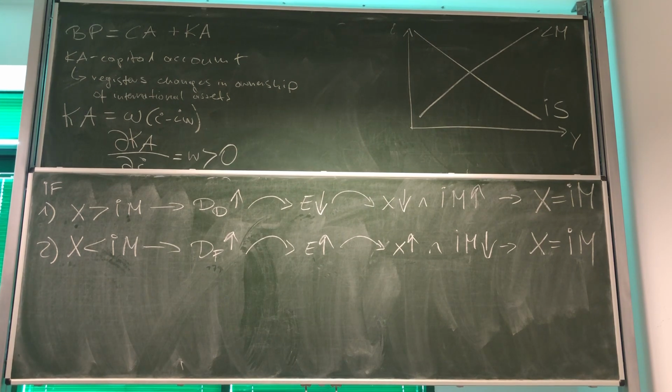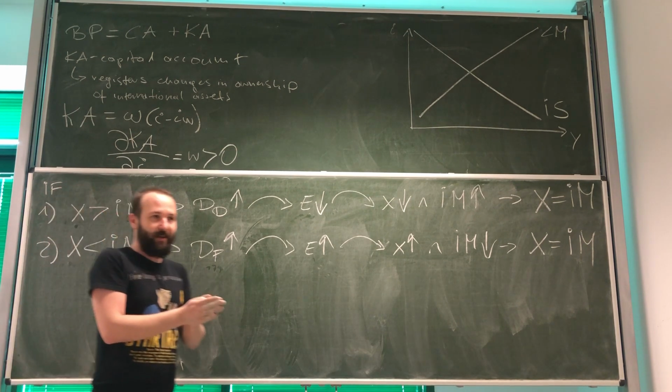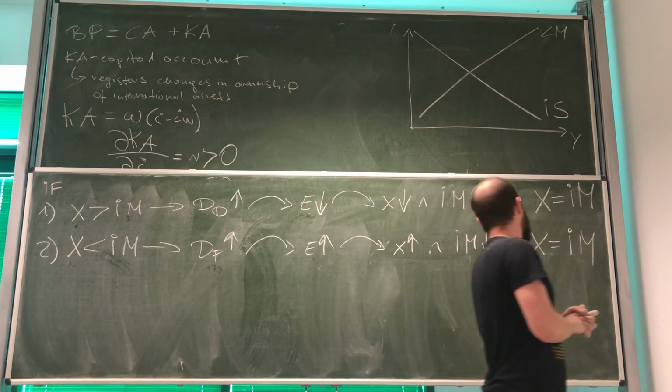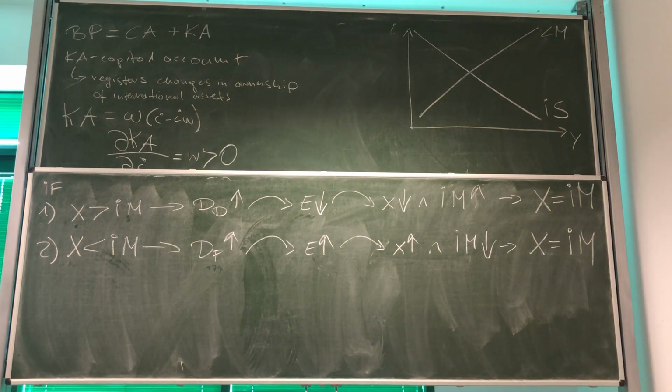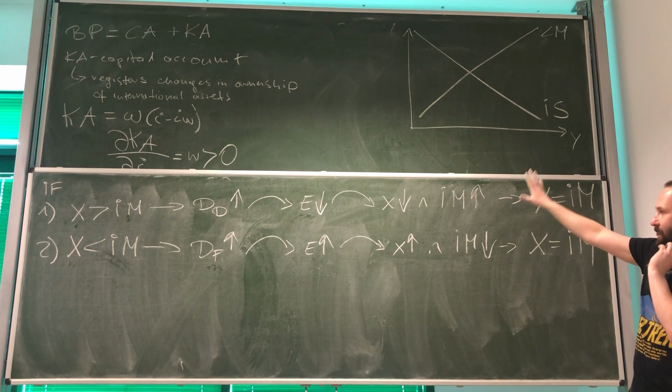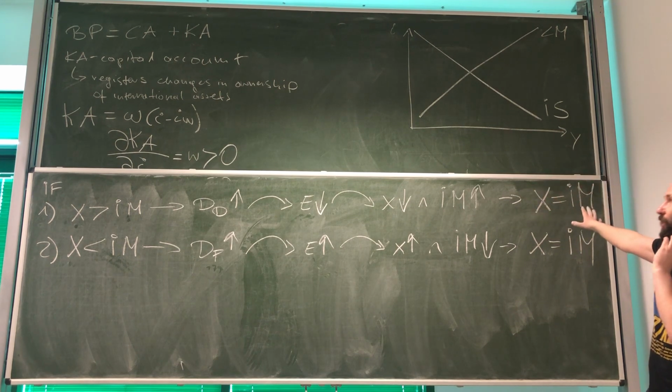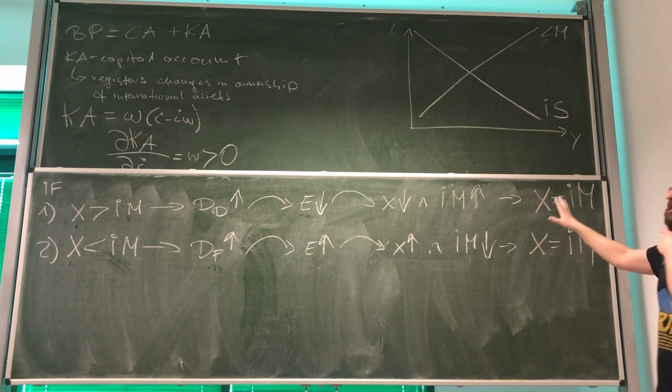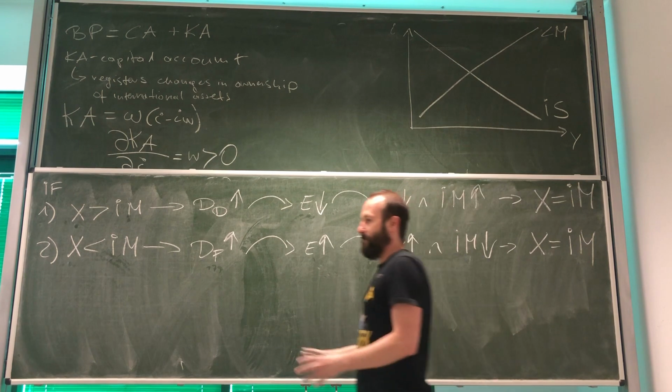So, another thing that we learned from this is that the current account is, on one hand, influenced by the exchange rate, but it also influences the exchange rate. And look, this is the main thing.